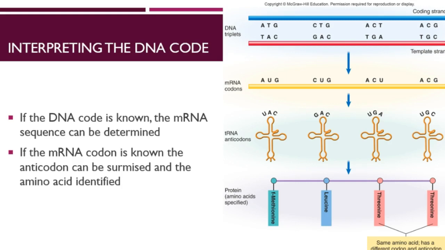So A bonds to U in RNA, U bonds to A in RNA, and G bonds to C. We can use this relationship to help us make some predictions about what sequences should arise from, say, a DNA template, or what amino acid sequence is going to look like from a messenger RNA. If we know one code, then we can infer or work out the other codes.